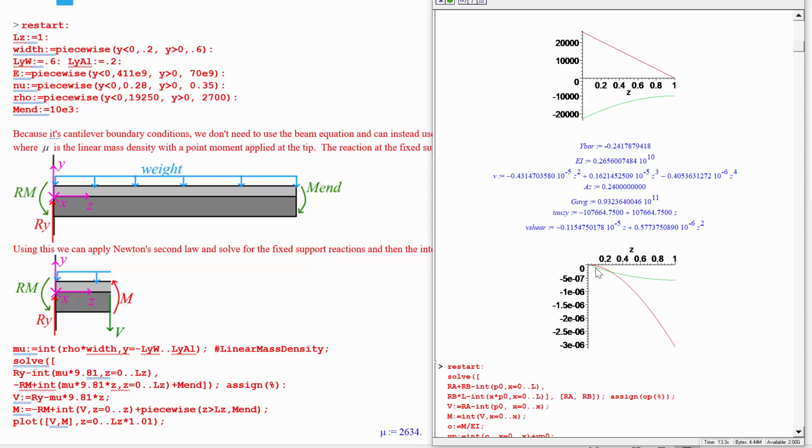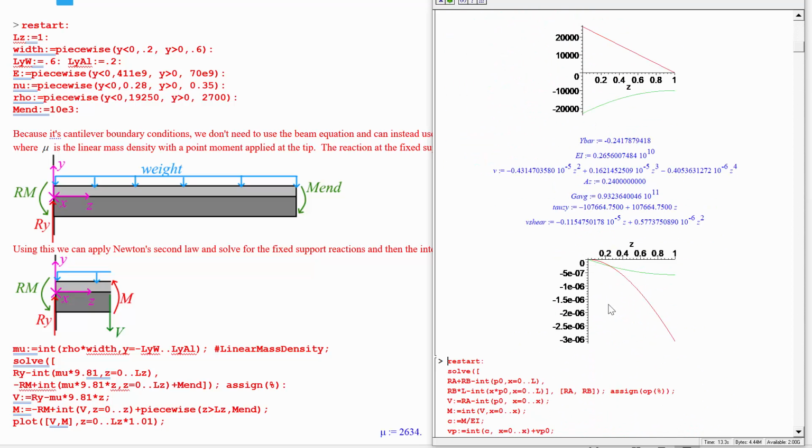It looks like the shear displacement starts at 0, but we have a non-zero slope at that end. It is responsible for a fair bit of displacement by the time you get to the other end because this is a pretty wide beam there. So there's our bending and shear displacement calculation.